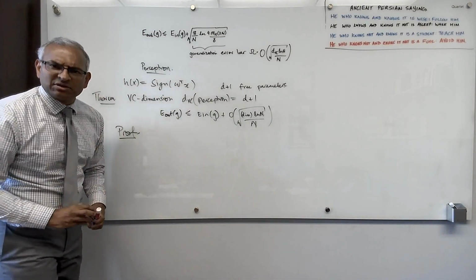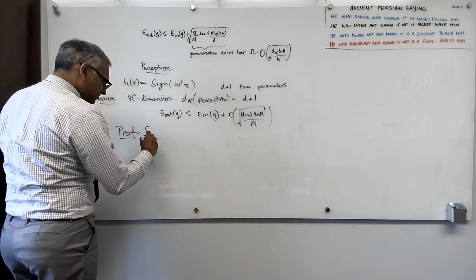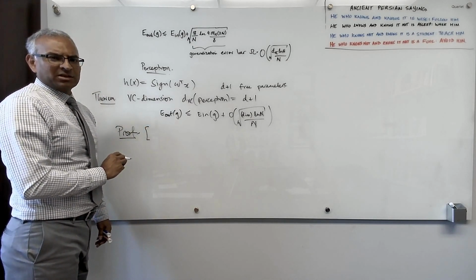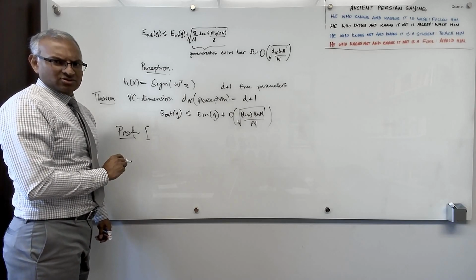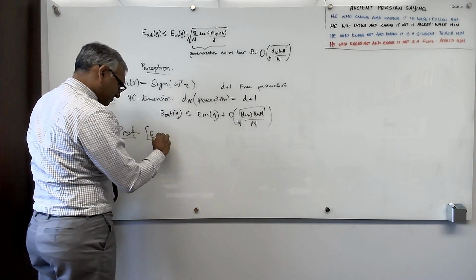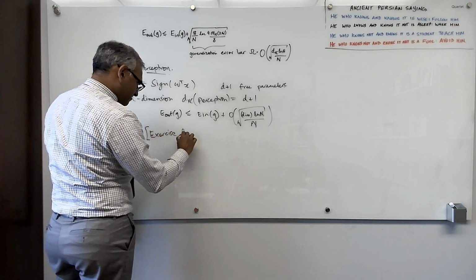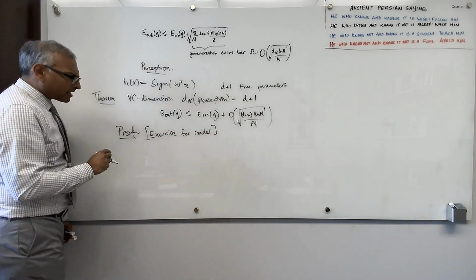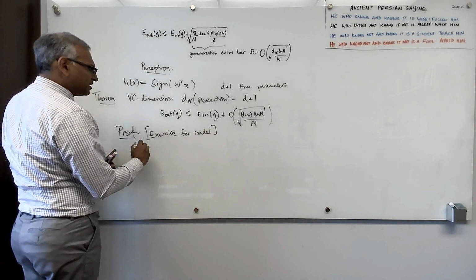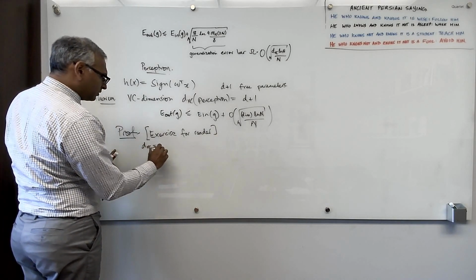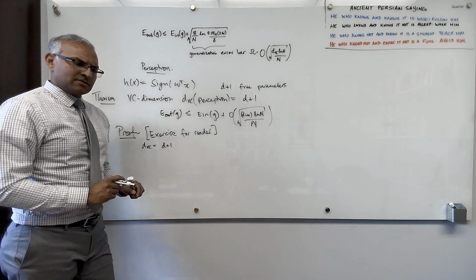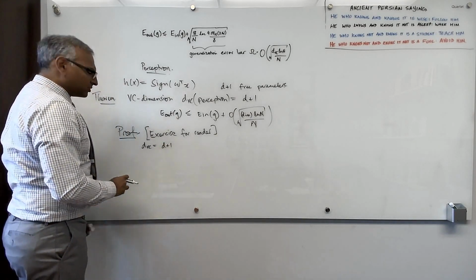So the proof. I've done enough theory already, so this is left as an exercise for the reader. In particular, it's going to appear as one of the exercises on your homework. But I'm going to give you some hints. We need to prove that the VC dimension, dVC, is equal to d plus 1. I'm suggesting that you do this in 2 steps.